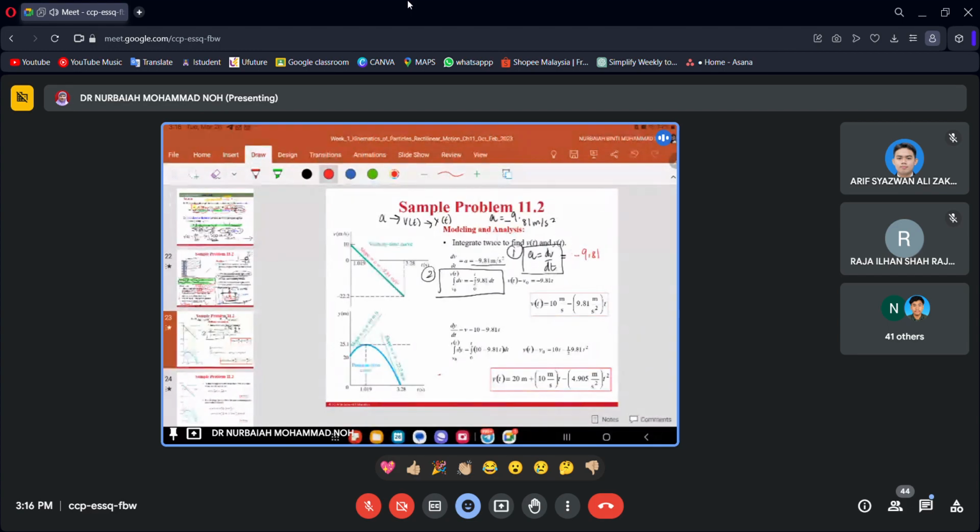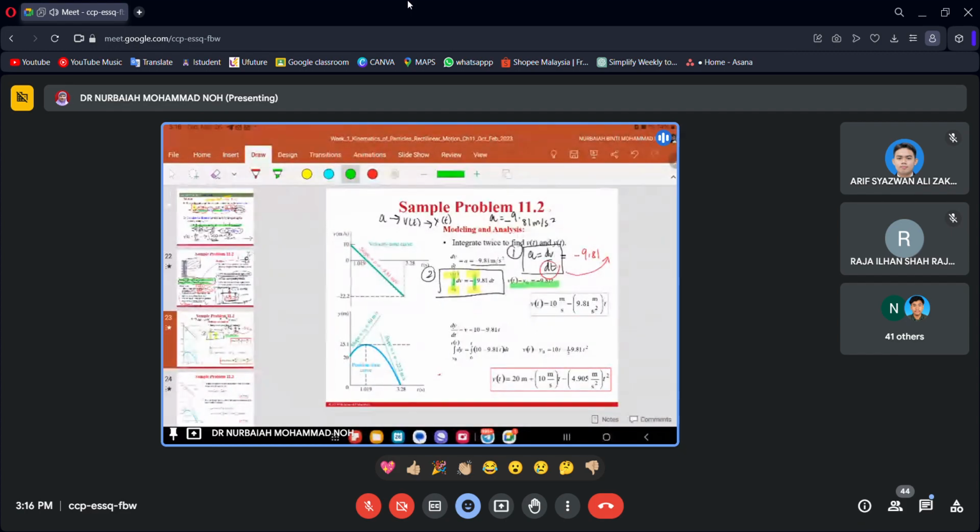So we bring dt to the right-hand side. Then we introduce the integration sign. Before we can do the integration, we need to put the limits, from v0 to v(t), and 0 to t. Now you can integrate. Based on the integration process, we get this result.